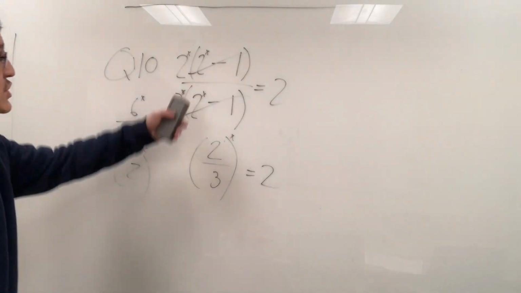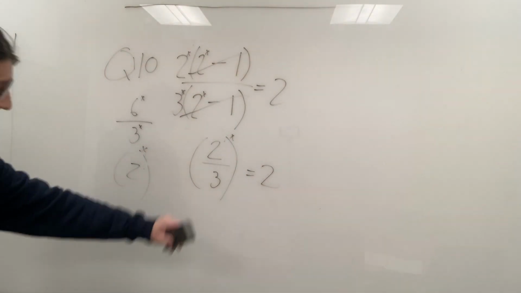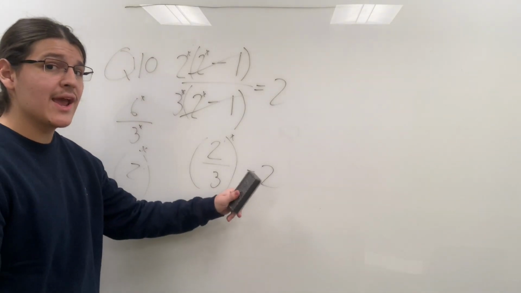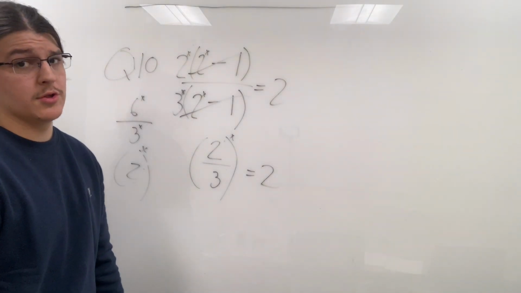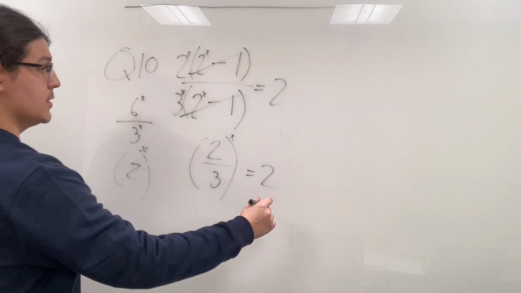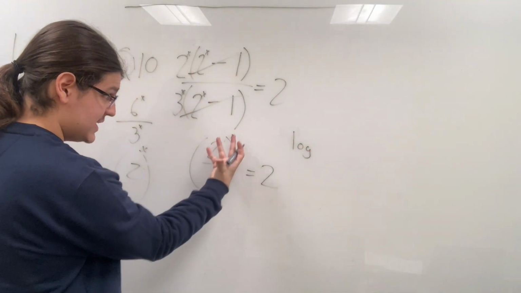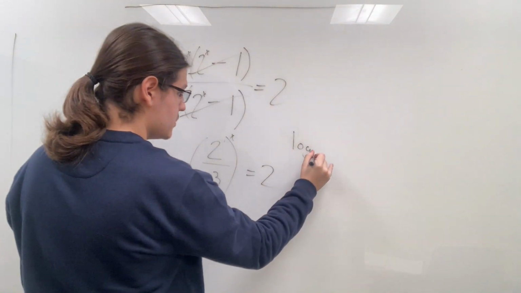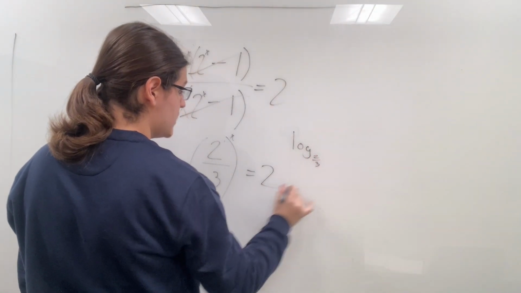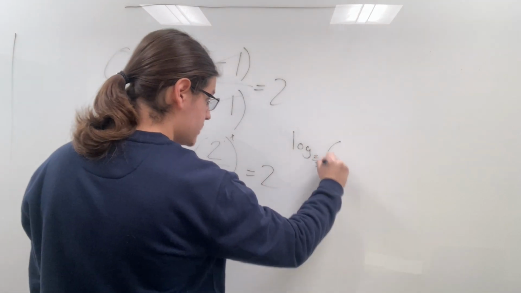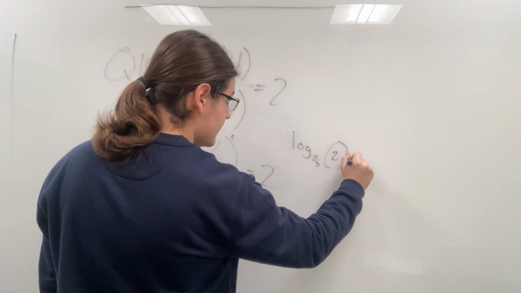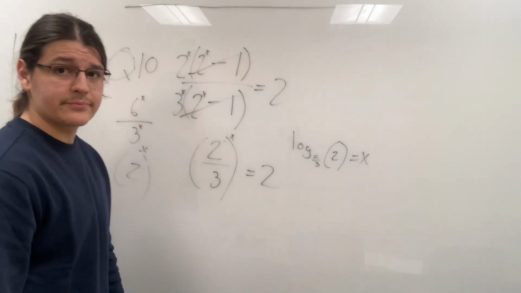And now we have changed that whole mess into this in a way where we can turn this into a logarithm. Log base 2 over 3. Remember, this is what we're bringing down. Log base 2 over 3 of, this is our argument, 2 is equal to x.